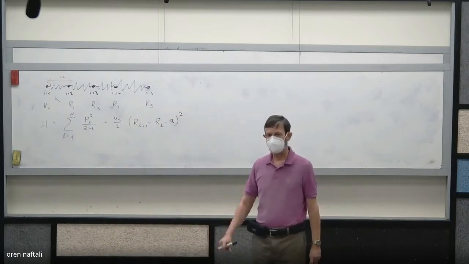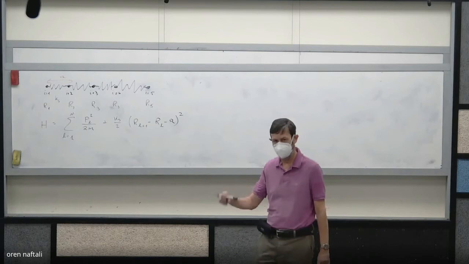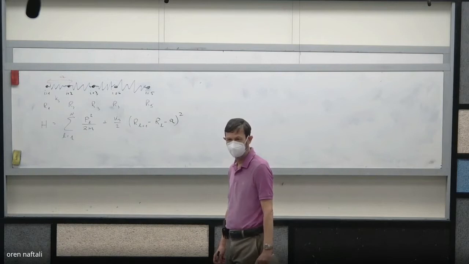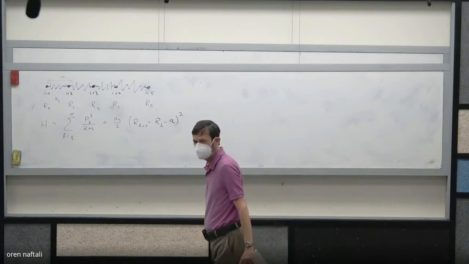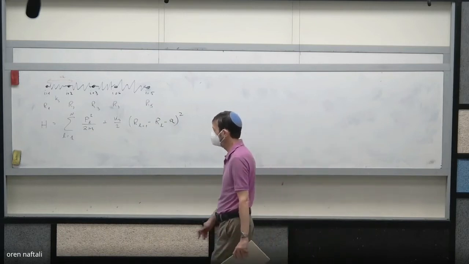Then the potential term: the distance between two masses, taking into account that there's equilibrium at a distance of A. Okay, trivial. We've seen it many times.